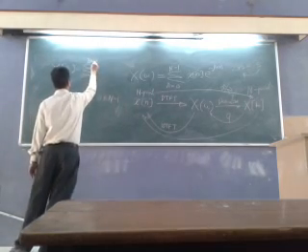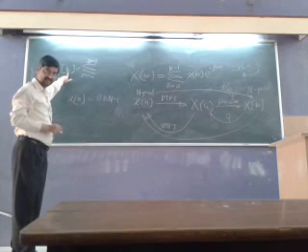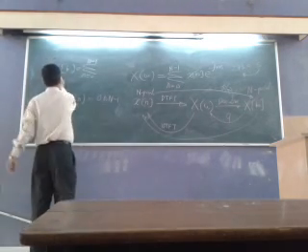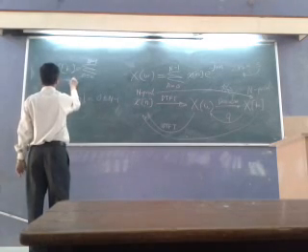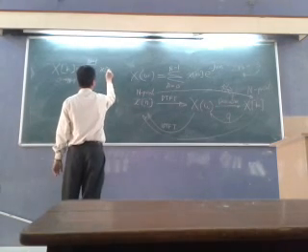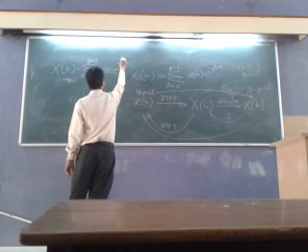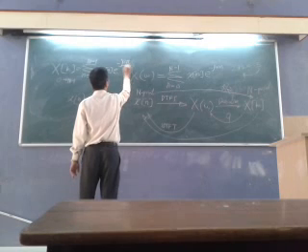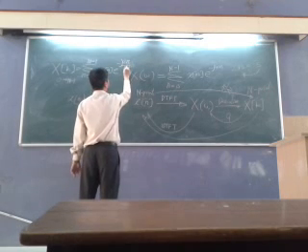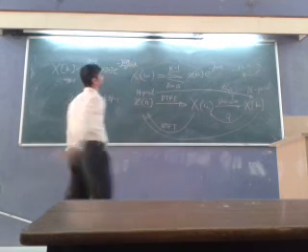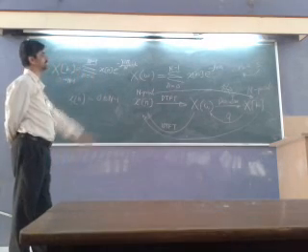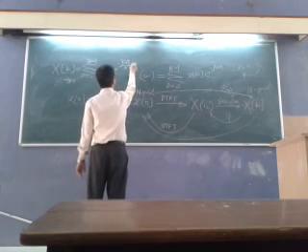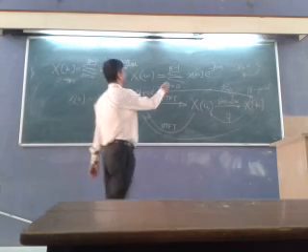This is an n point sequence. k also goes from 0 to capital N minus 1, so k is between 0 and N minus 1. x of n times e raised to minus j 2 pi upon n into k n, because this is omega.